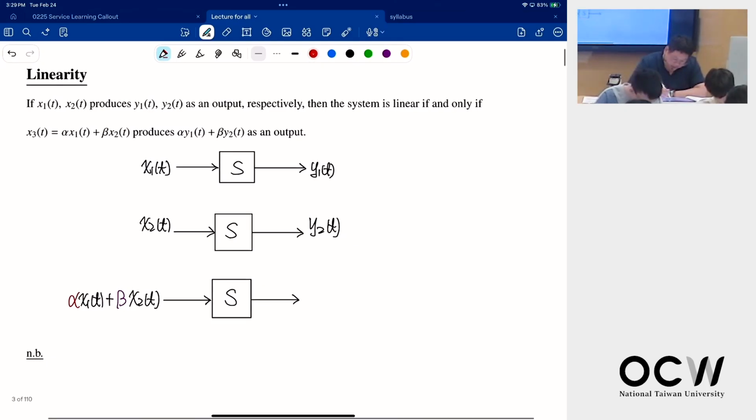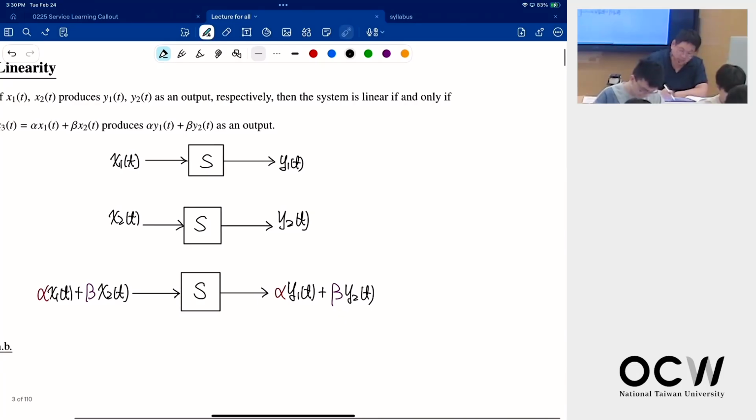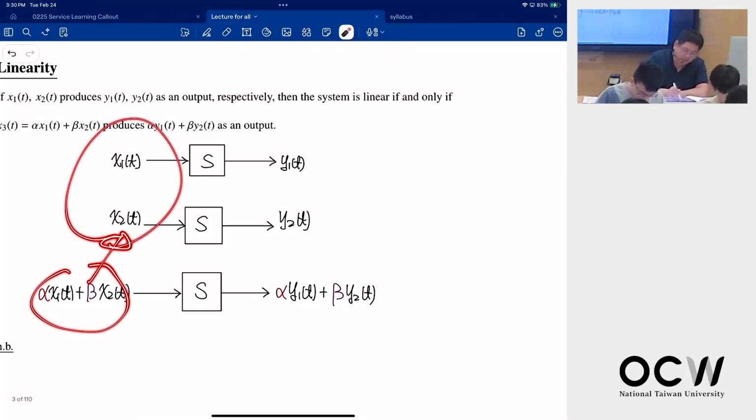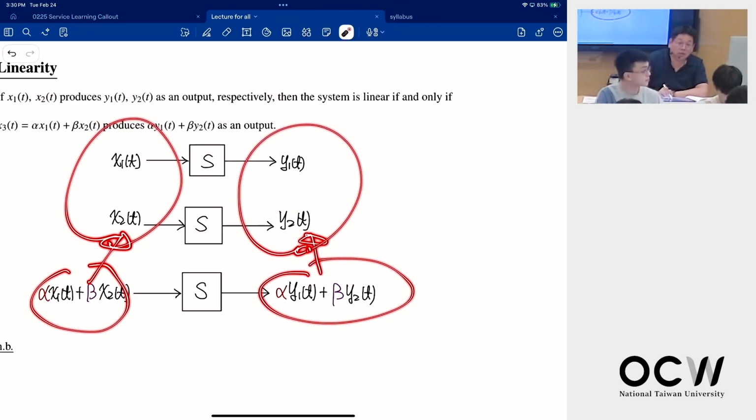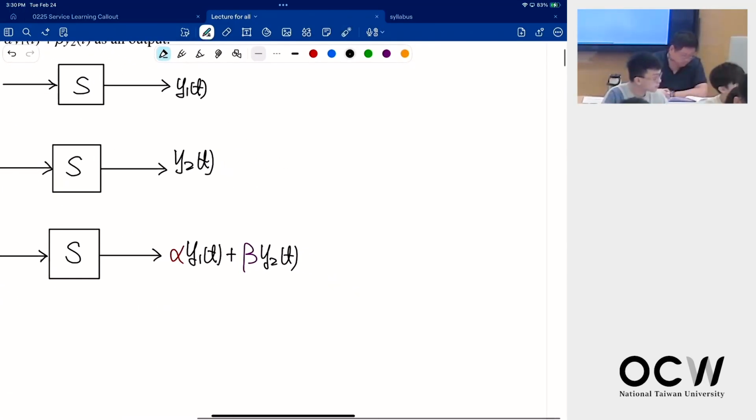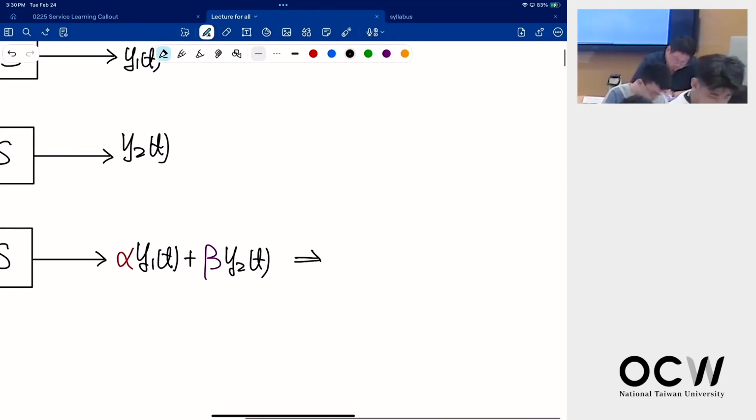So I have alpha y1 plus beta y2. So if my input is a linear combination of x1 and x2, and the output is also a linear combination of y1 and y2, then we say the system S is linear.